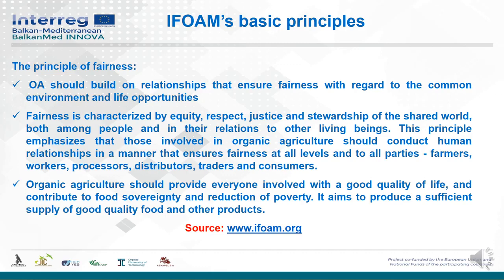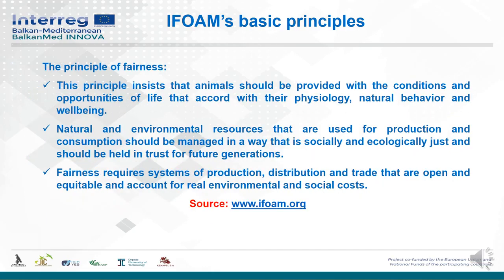Organic agriculture should provide everyone involved with a good quality of life and contribute to food sovereignty and reduction of poverty. It aims to produce a sufficient supply of good quality food and other products.